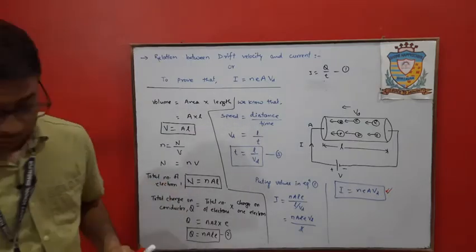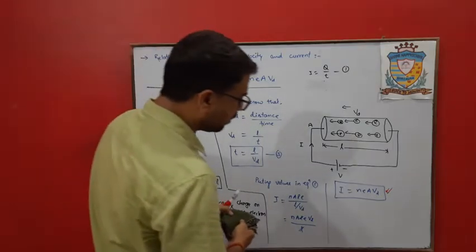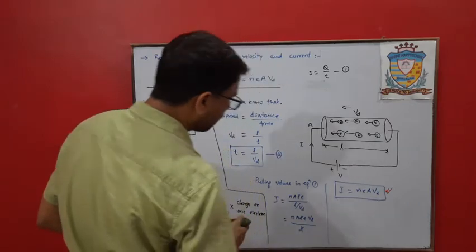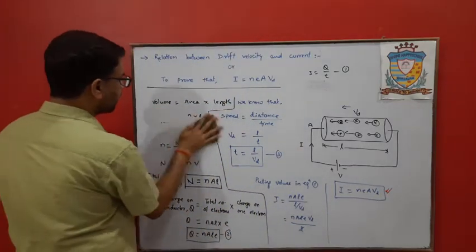Clear? So this is the relationship between current and drift velocity. With the help of this formula, we can note down two things.